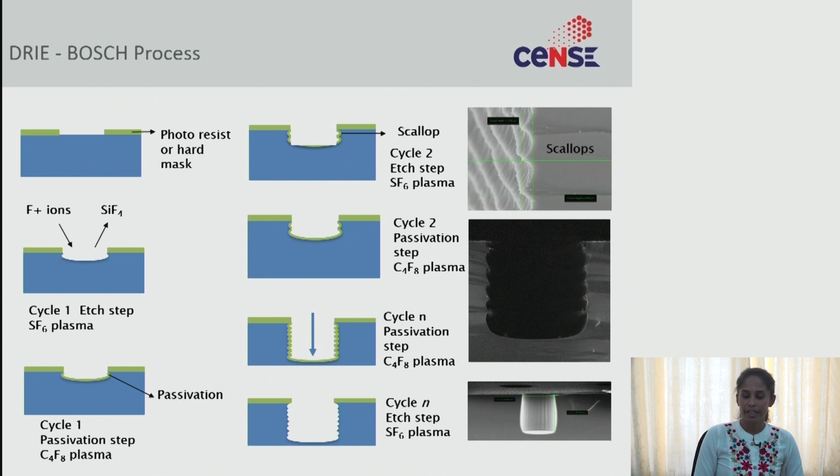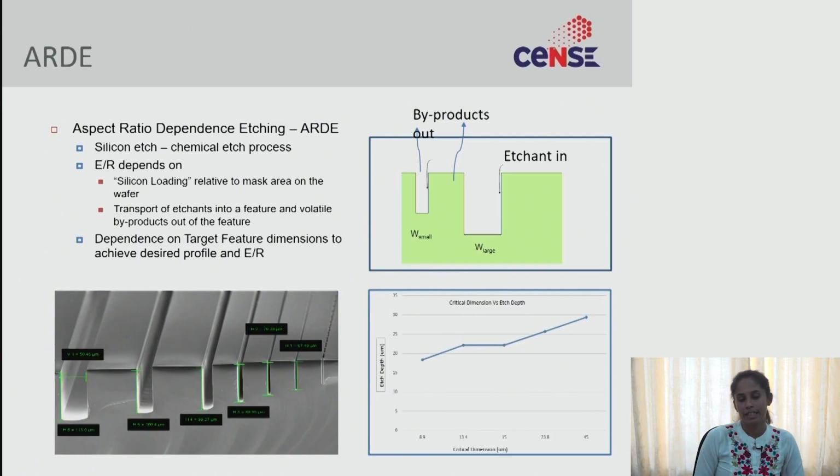Depending on your application, we can choose the recipe for your devices. And DRIE again is an aspect ratio dependent etch. What do you mean by aspect ratio dependent etch? The bigger features etch faster compared to smaller features, because the ion flux is less in smaller features compared to bigger features.